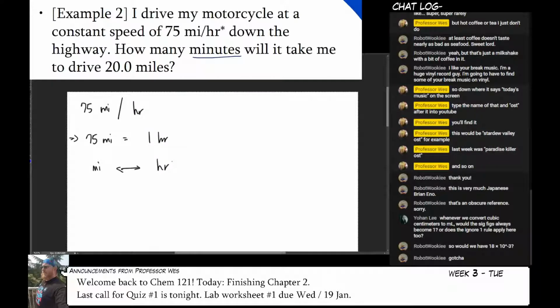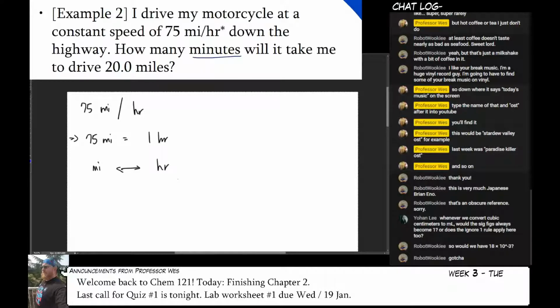So if I drove for 2 hours at that speed, I'd go twice 75, or 150. If I drove for half an hour, I would drive half of 75, or 37.5. If I drove 50 miles, it would be whatever fraction 50 over 75 hours it would be, right? So I have a relationship between miles and hours.